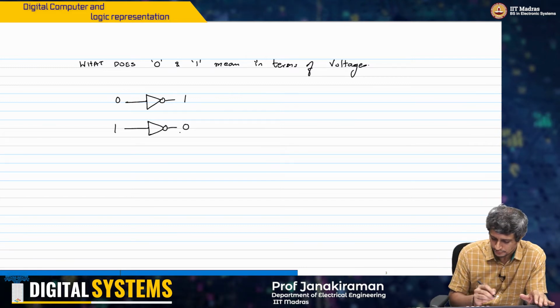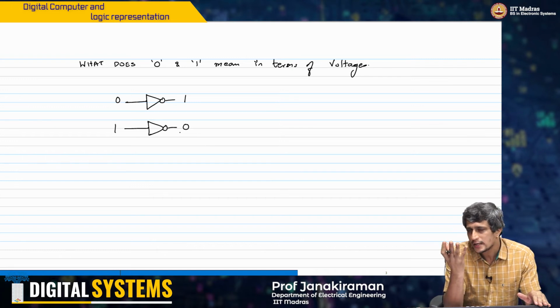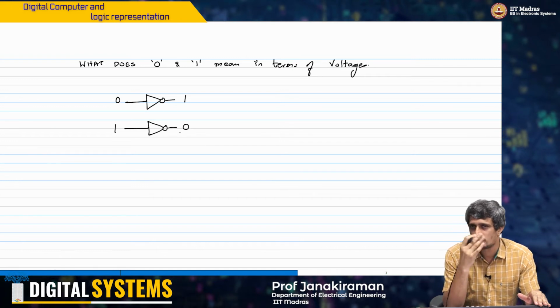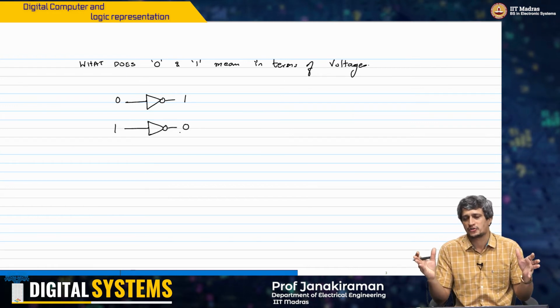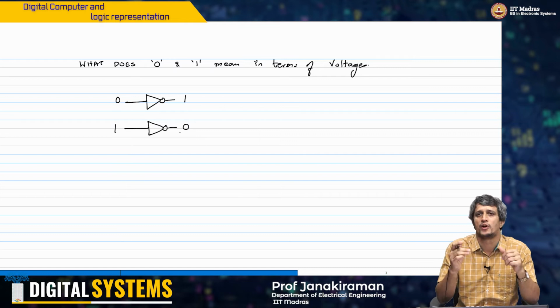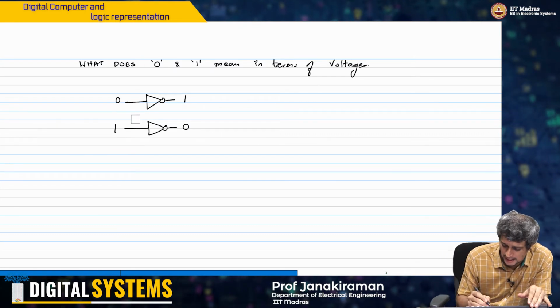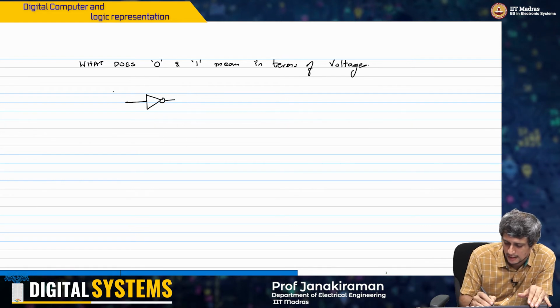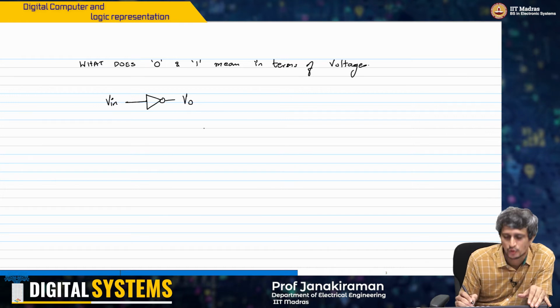So now let us go back and look at the experiment. If you remember, we had shown you an experiment on the voltage transfer characteristics of the inverter. What is the voltage transfer characteristics? It's basically, you take this inverter, and I give V in and I get V out.